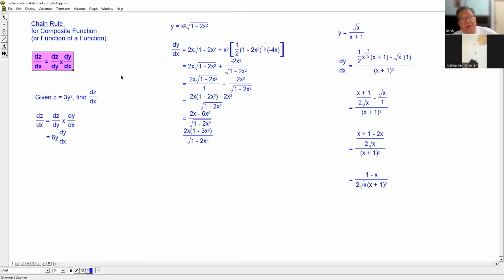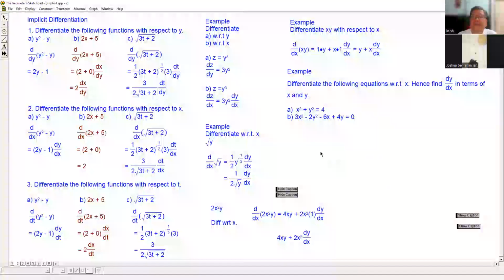If the other variable is t, then you write down dz dt, dt dx. Normally, this is the part that you have to add when you do implicit differentiation. Okay, right. Without wasting any more time, we continue with this.